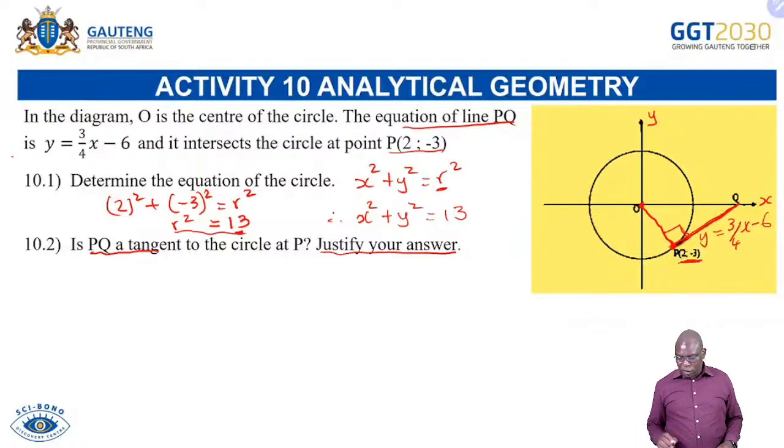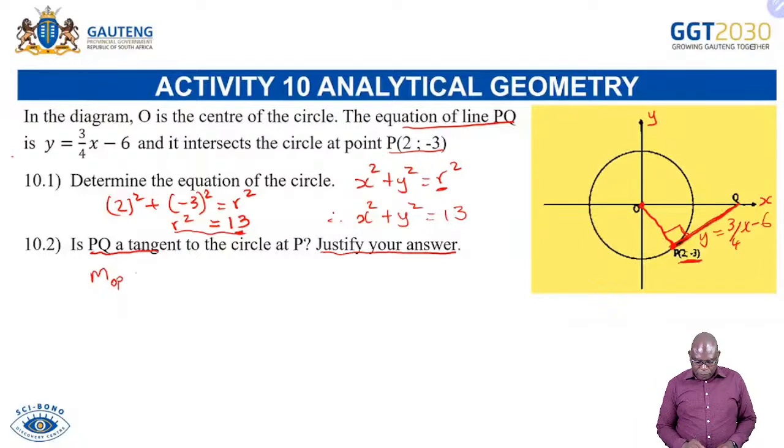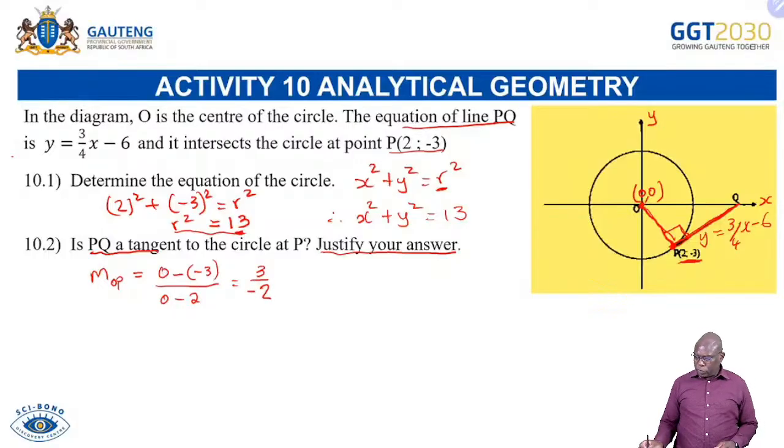So how do I check? First, I must get the gradient of OP. The gradient of OP, this is (0, 0). It will be 0 minus 3 over 0 minus 2, which is 3 over -2, if I'm not mistaken.